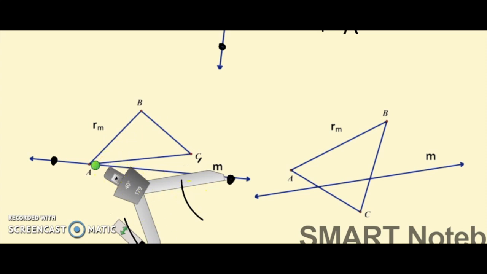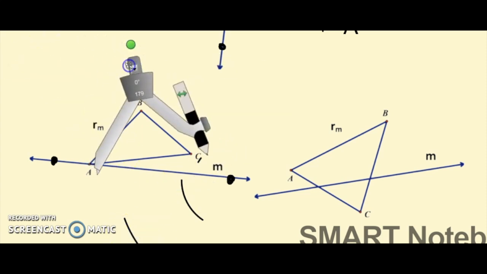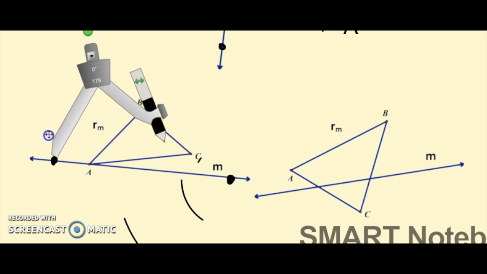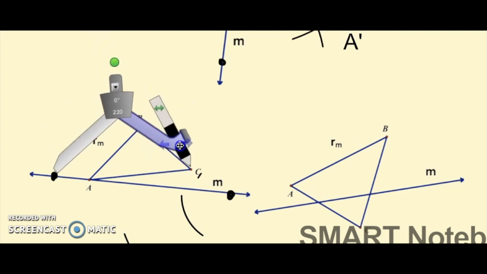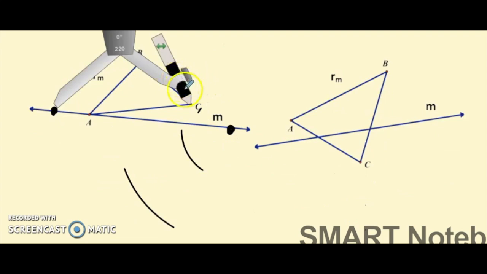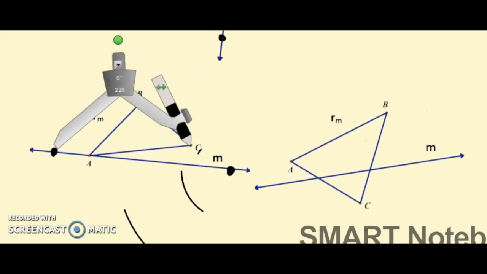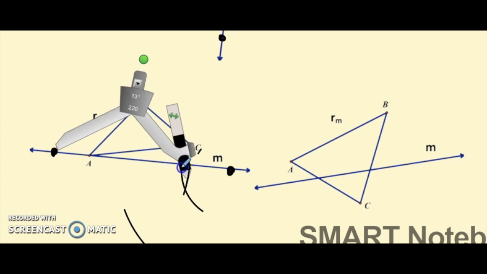Now I'm going to switch my compass around so it is facing from the other direction, from that other endpoint, and repeat the process. A is not going to move, so I'm not going to measure to A, but I'm going to measure to B and to C and just see where those intersection points are. So there is where C is. So spin that around to the other side, reflect it over, and that will be C prime.